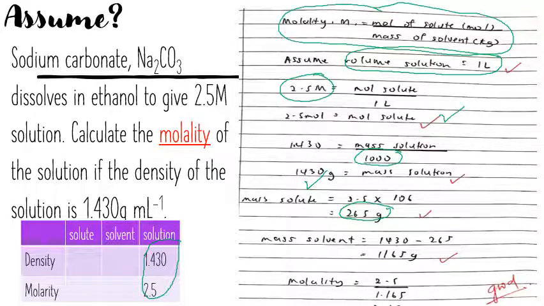Mass of solution minus mass of solute will equal mass of solvent. Then we substitute the mass of solvent in kilogram according to the formula, and we can solve this question.